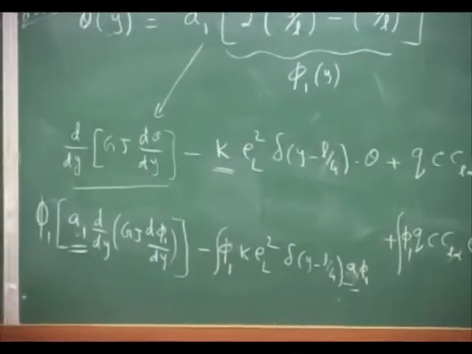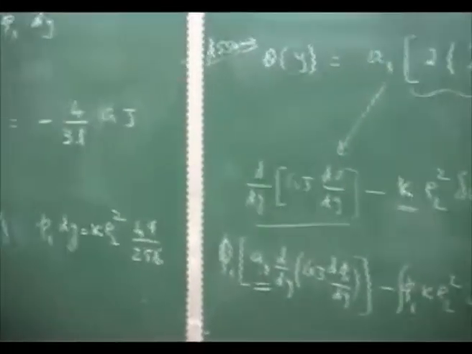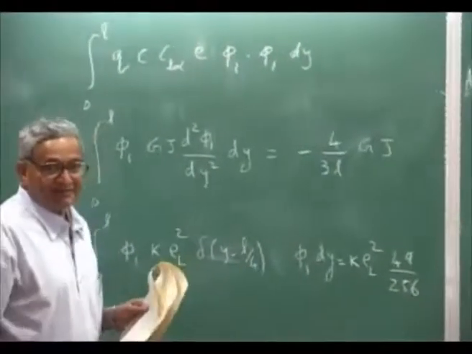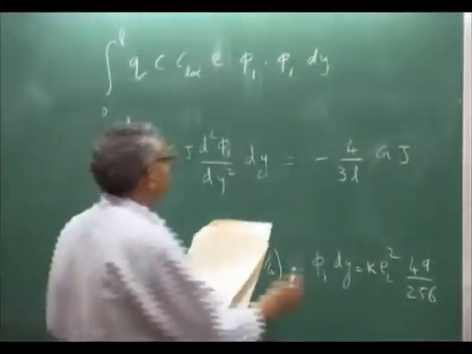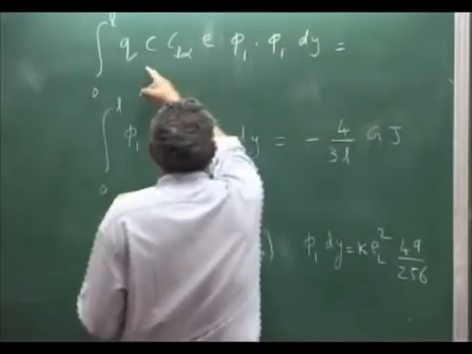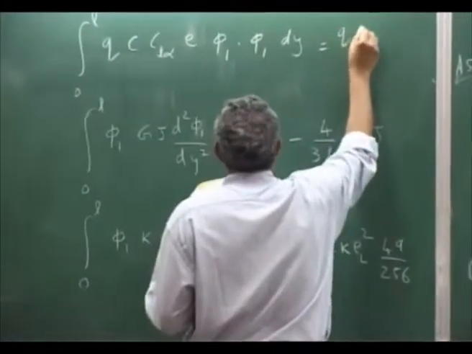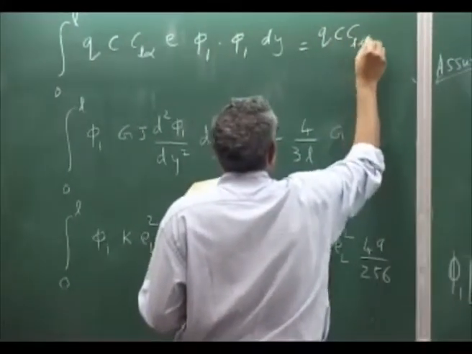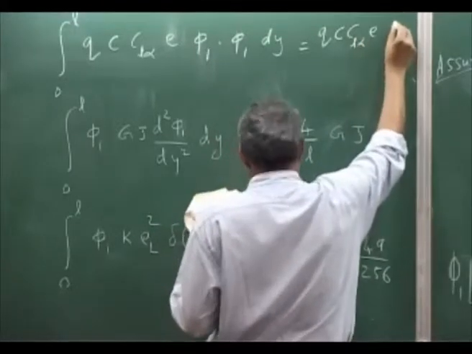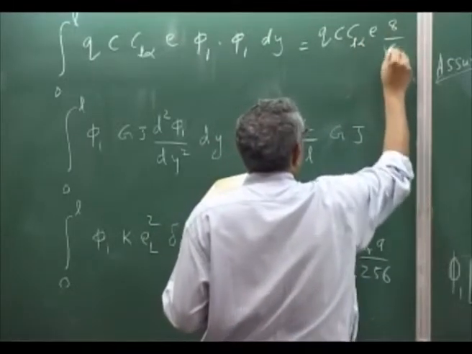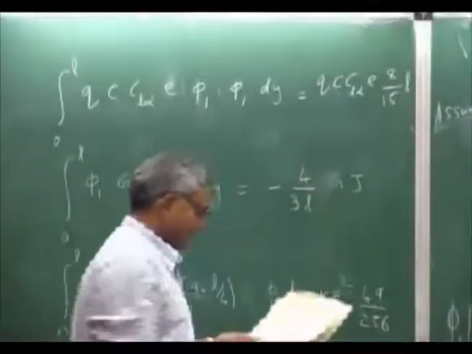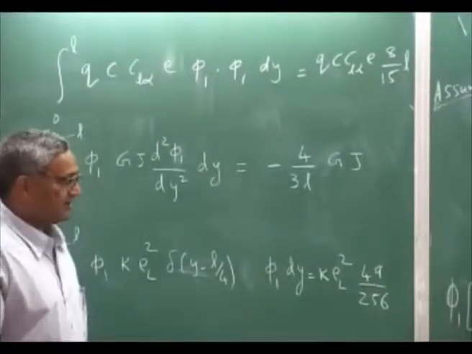Now if you evaluate this integral, this will be phi 1 square integral dy, that is actually 8 over 15 L. So I will write this Q C Cl alpha E 8 over 15 L. That is this integral. Okay.